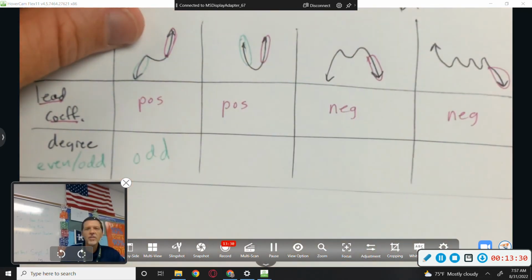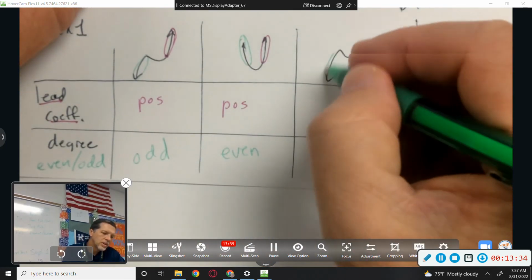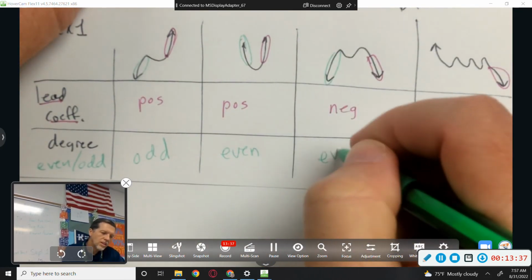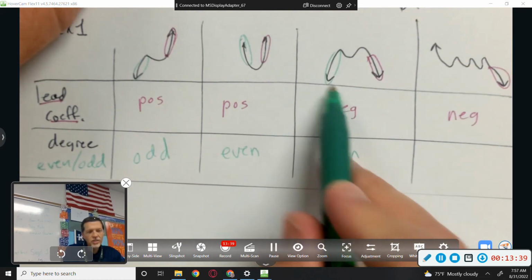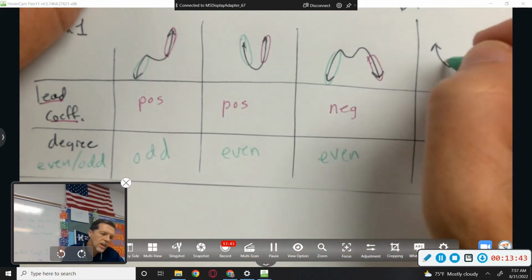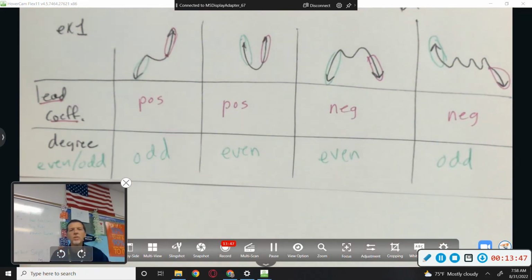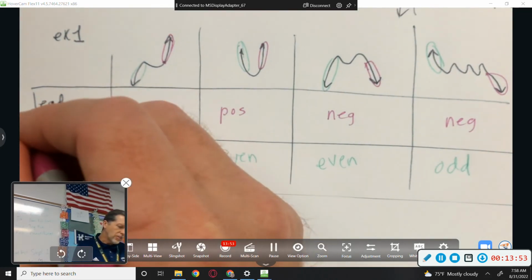How about the second one? Even. Third one? Even. Right? So going down doesn't mean even or odd. It only matters if they match. And then the last one are opposite, so it's odd. So lead coefficient, you got to get that one right first.